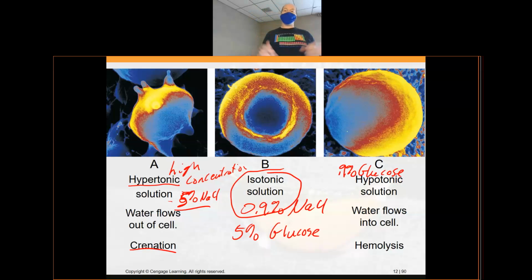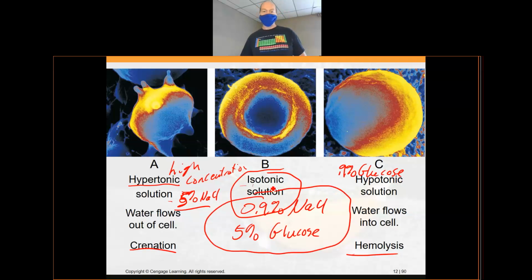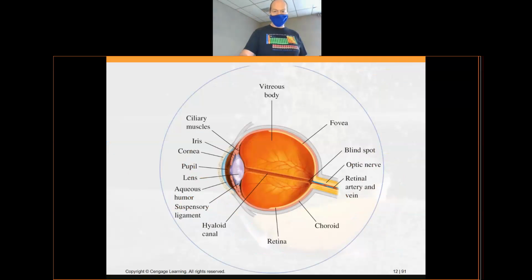If enough water goes in, the cell will burst, and that is called hemolysis, where your cells burst. So this is all based on osmosis, and it's very important in biology to know your physiological isotonic solutions, where you don't have water flowing in or out of your cell. Well, it's always at equilibrium, but you never have too much water in or too much water out.